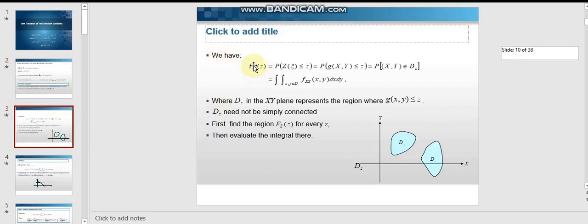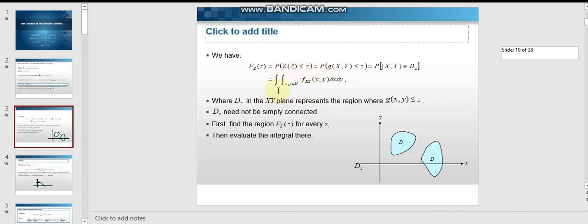Okay, now the CDF of a new random variable Z is equal to the probability of Z less than or equal to some number small z, which is equal to the probability of the function of X, Y less than or equal to small z. So also equal to the probability of X and Y belonging to the domain D sub z.